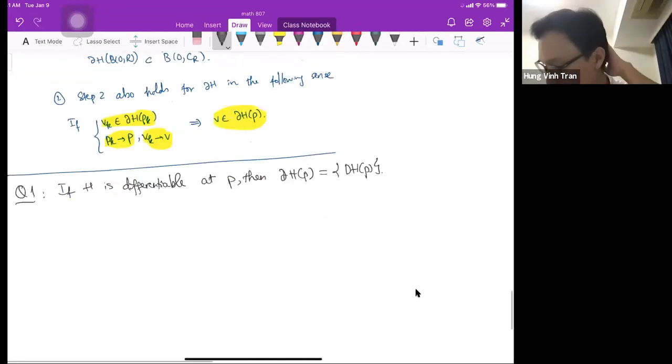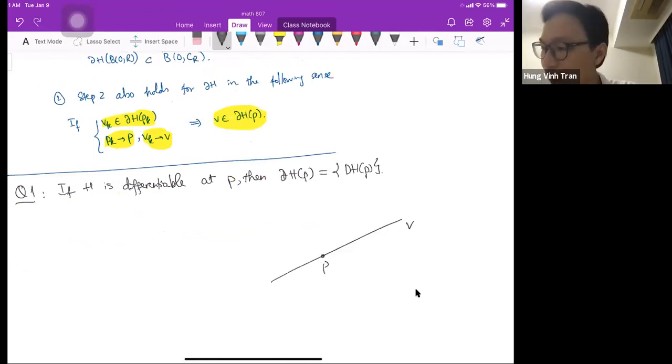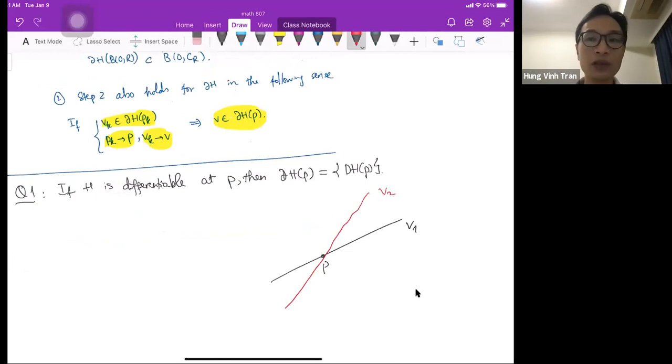Okay, first a picture proof. Assuming that at the point p you have two values in the subdifferential set, maybe v1, v2. Then your function is going to look something like that, and it has a corner, right?